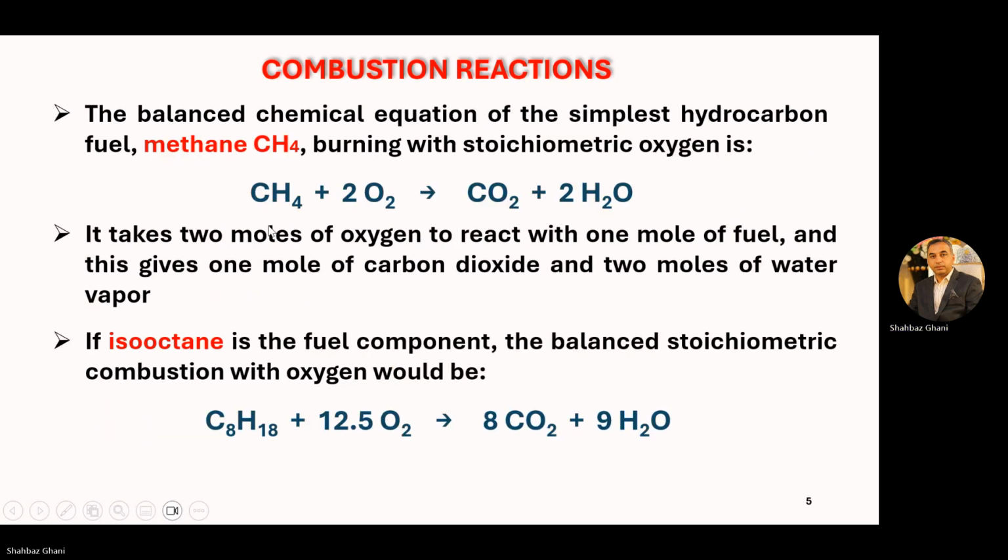Let's see the balanced chemical equation of the simplest hydrocarbon fuel, that is methane, CH4.